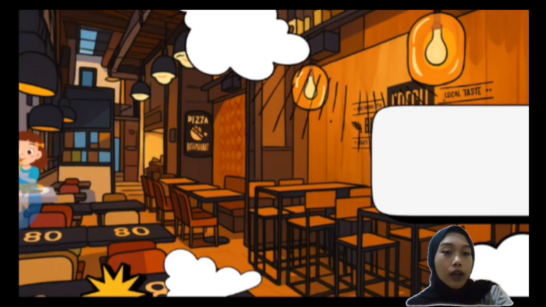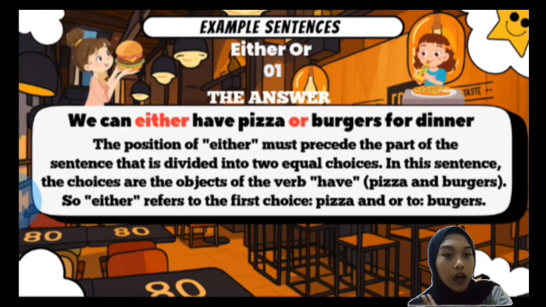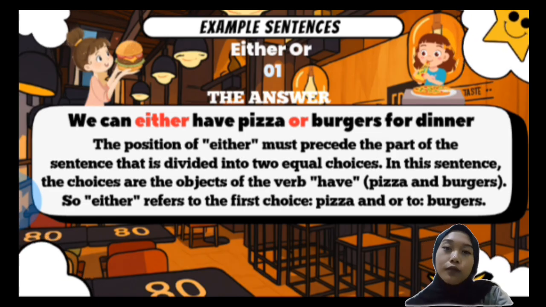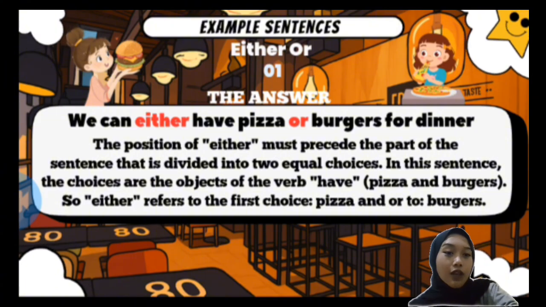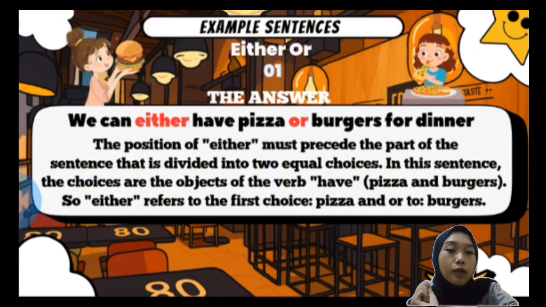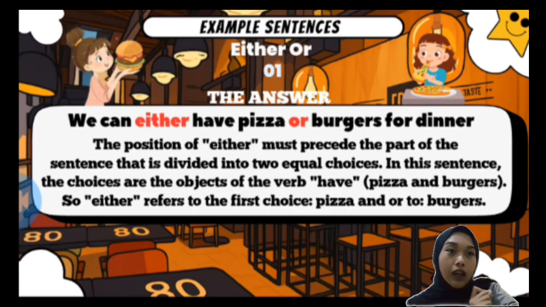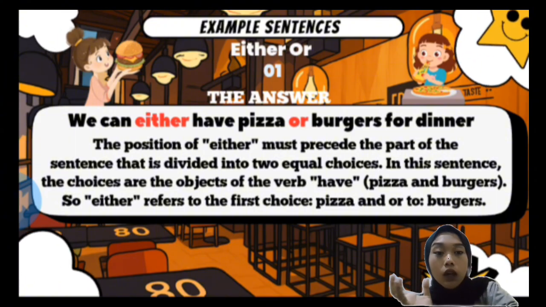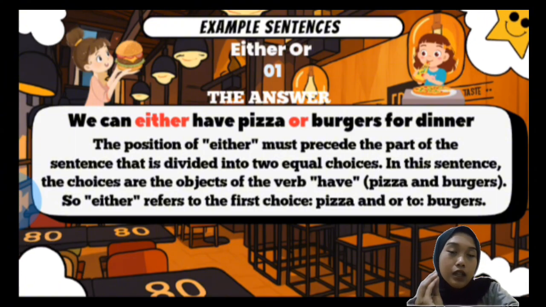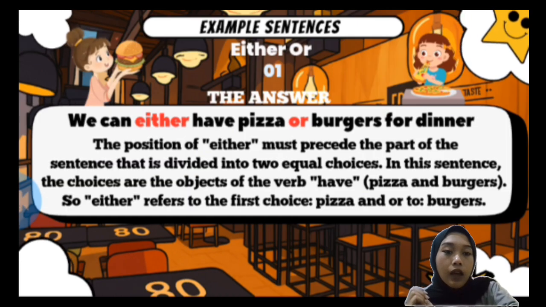By Michael Swan, Practical English Usage: if two subjects are connected by either/or, the verb usually follows the subject that is closest. And by Raymond Murphy, English Grammar in Use: either is used to show a choice. It should be placed before the first option.